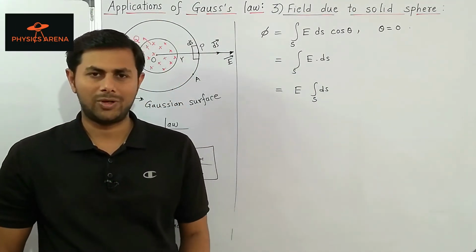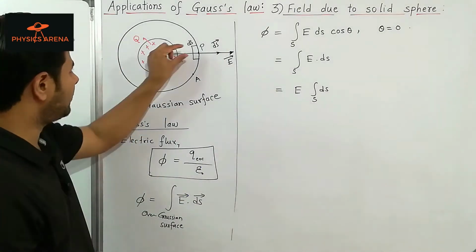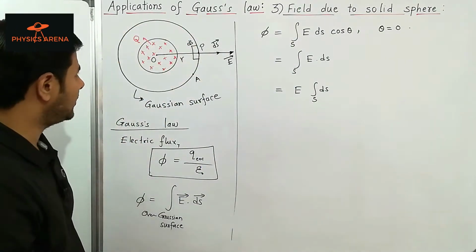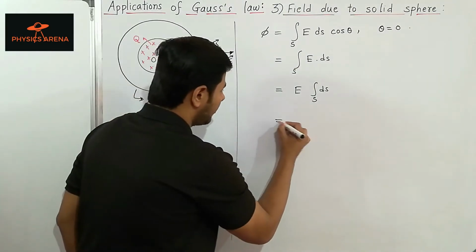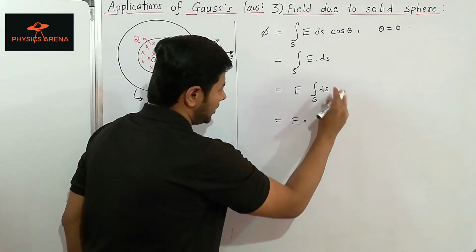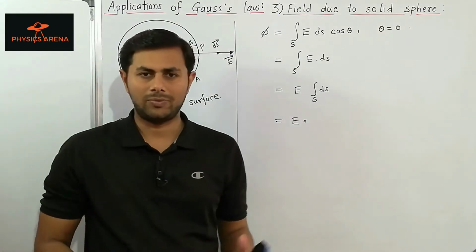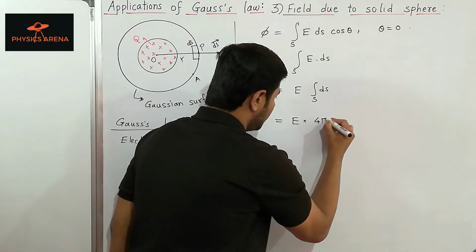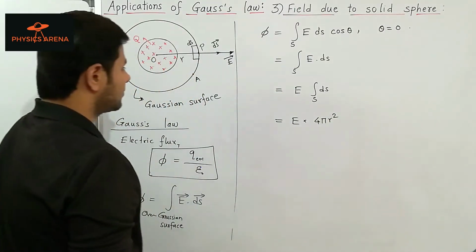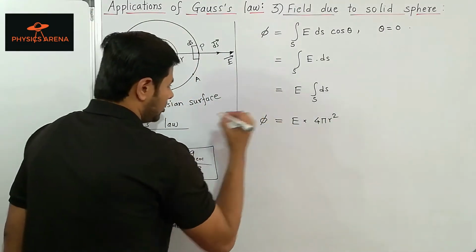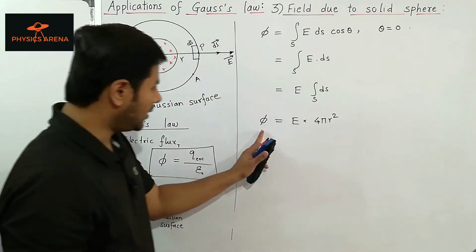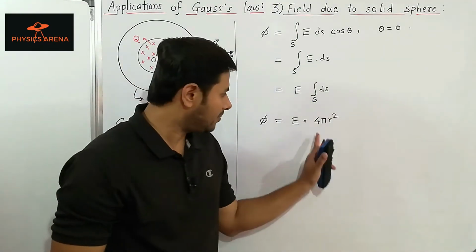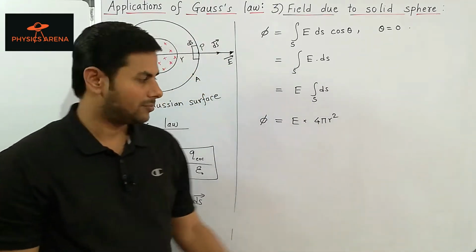It is just sum of all these small surface areas ds taken over the Gaussian surface. So that's why it is equal to just total surface area of the Gaussian surface. So this is equal to 4 pi r square. So we found the flux through the Gaussian surface is E multiplied by 4 pi r square.